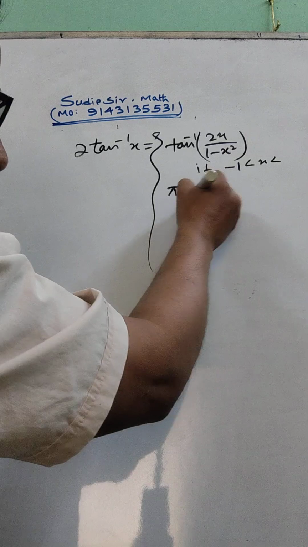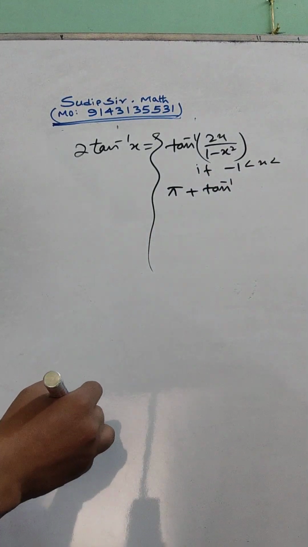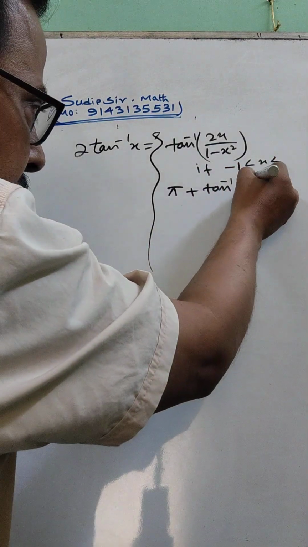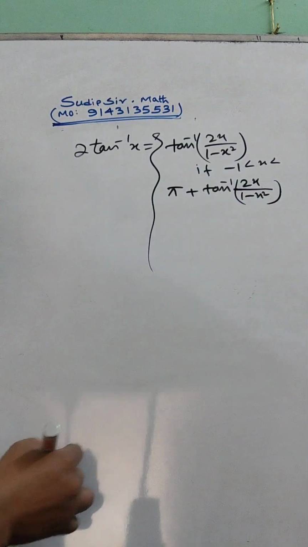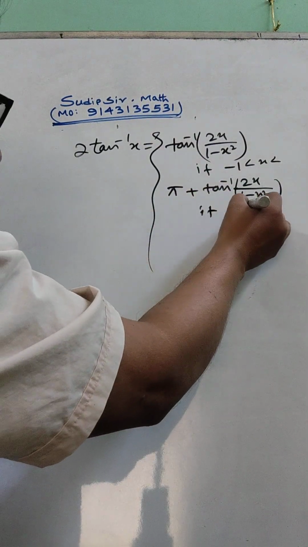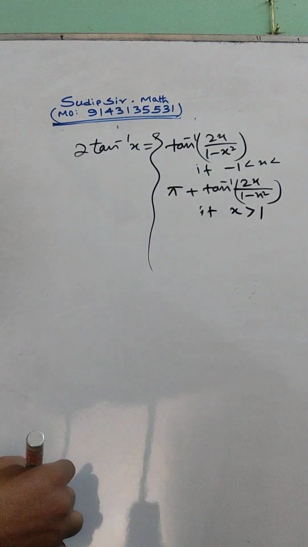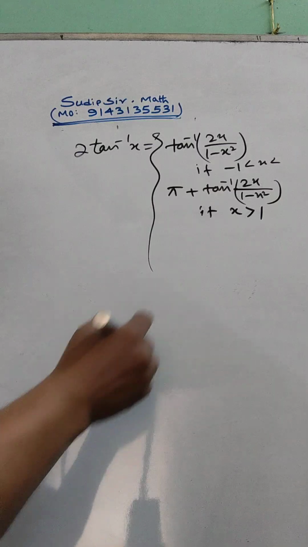It is equal to pi plus tan inverse 2x by 1 minus x square if x is greater than 1.